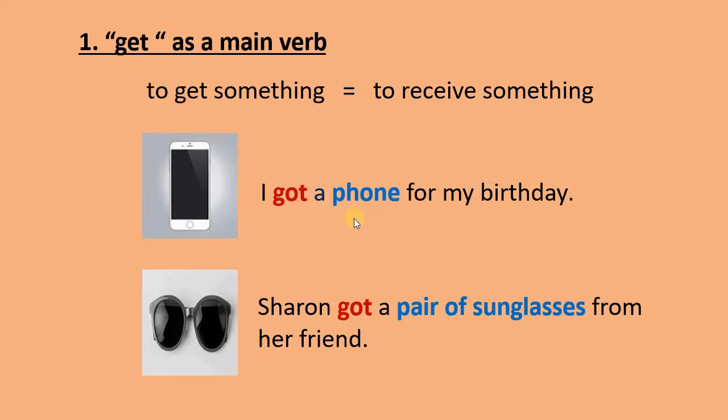And in blue is the object or something, which is the phone. So the colors are there to help you with the form. Example number 2. Sharon got a pair of sunglasses from her friend. Okay, so Sharon received a pair of sunglasses from her friend.